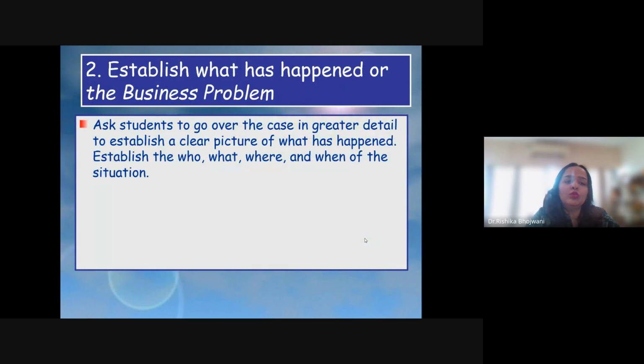Now coming to part two. After they have gone through the case and got the four W's, what has happened, where and when it took place, and after picking up the core problem, the second thing is that, as a student, you need to distinguish the fundamental issue from the secondary or surface-level symptoms.